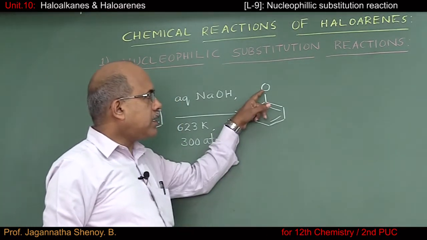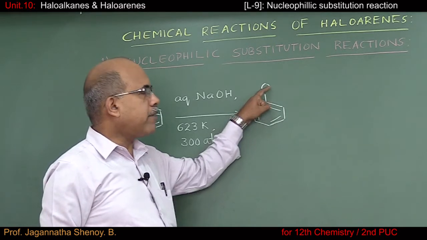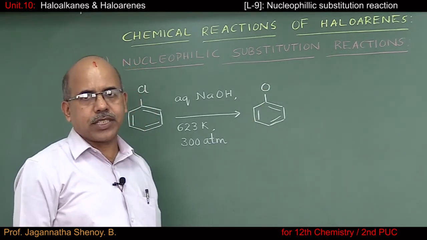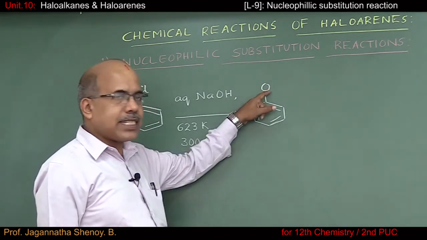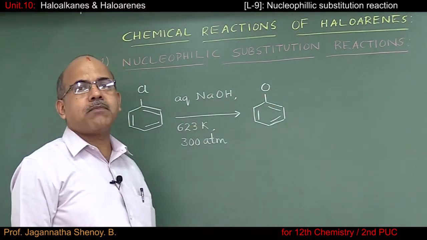But the problem is, very shortly you are going to study that phenol, benzene ring with OH, is acidic in nature, and whenever an acidic compound is formed in the presence of base, it has to form a salt.